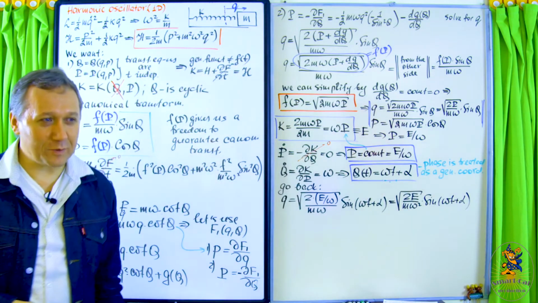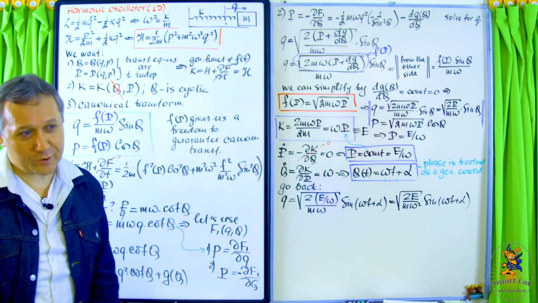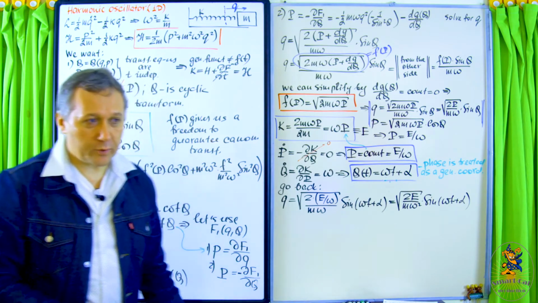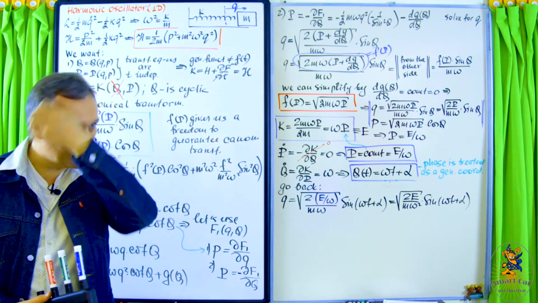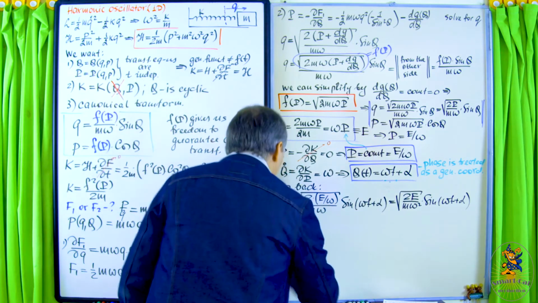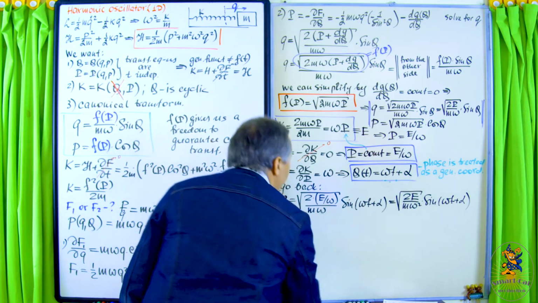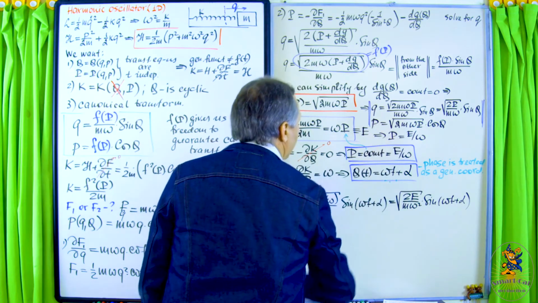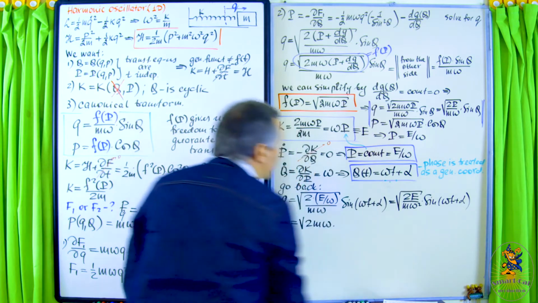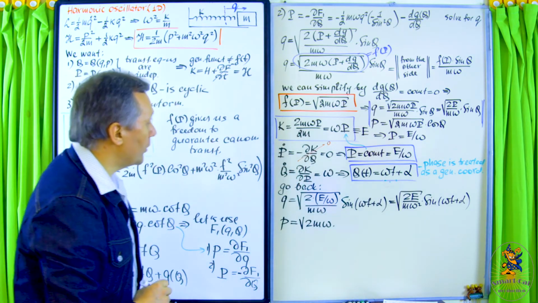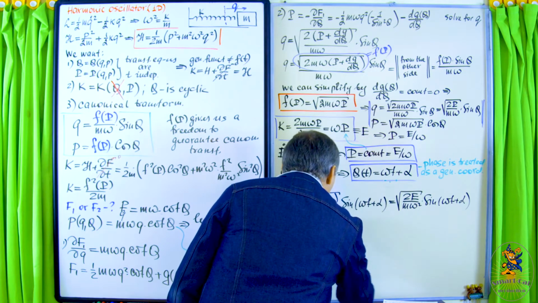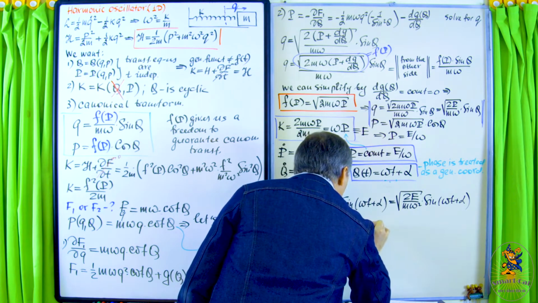Of course, you could have written it from the very beginning because the example is quite simple. But since we developed a new tool, it makes sense for us to apply the new tool to simple examples. So now small p will be equal to square root of 2m omega, instead of P, E over omega, and cosine.